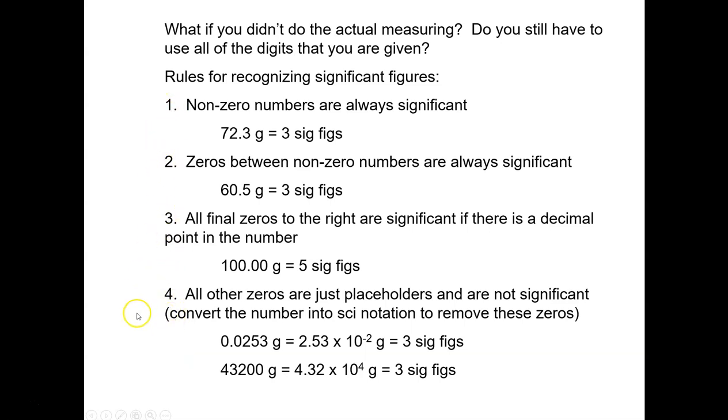But I want to point out before I get off of this that really there's 4 rules listed here. There's really only one that you need to remember. As long as you remember this last rule here, then all of the other ones won't really matter. Because it's easiest to remember, when are zeros not significant? Because there's only 2 cases where they're not significant.